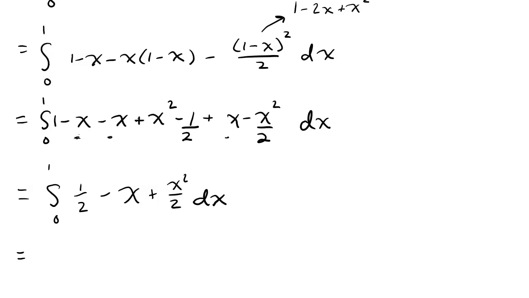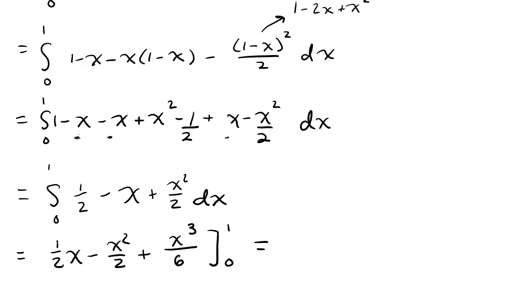So then integrating, we're going to have 1/2 x minus x squared over 2, and then plus, we go up to x cubed, divide by that new power of 3, which gets multiplied by the 2, so we're really over 6. And we're going to evaluate this from 0 to 1.